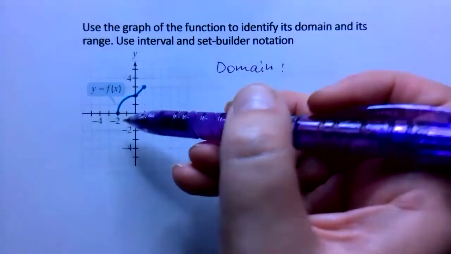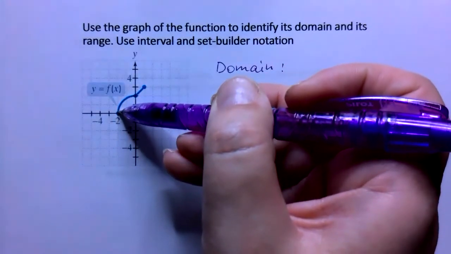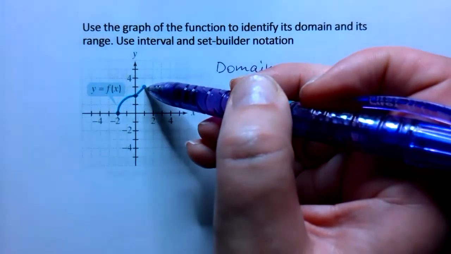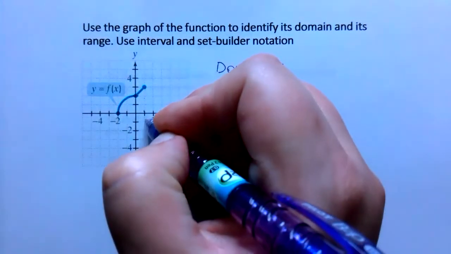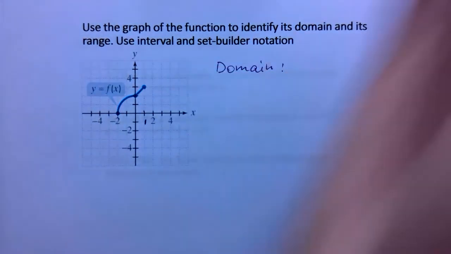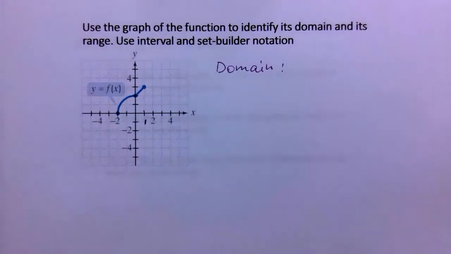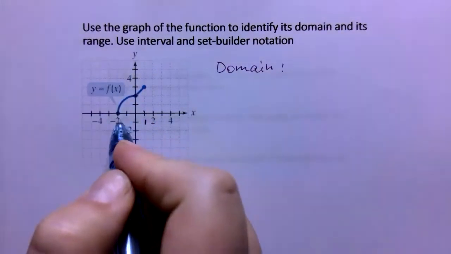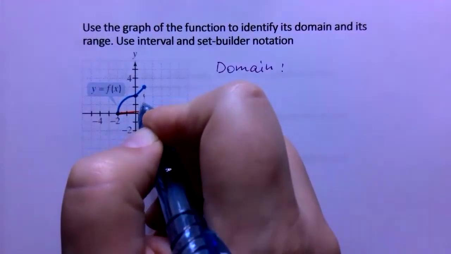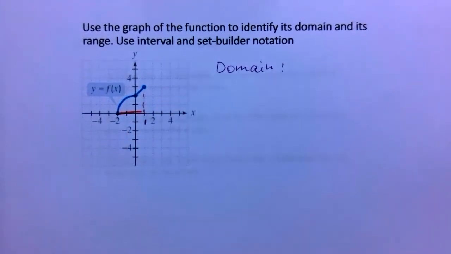To the left, it only goes up to -2, and to the right, it goes up to 1, right? So on the x-axis, your domain is right here between -2 and 1. And there are two ways to write it.